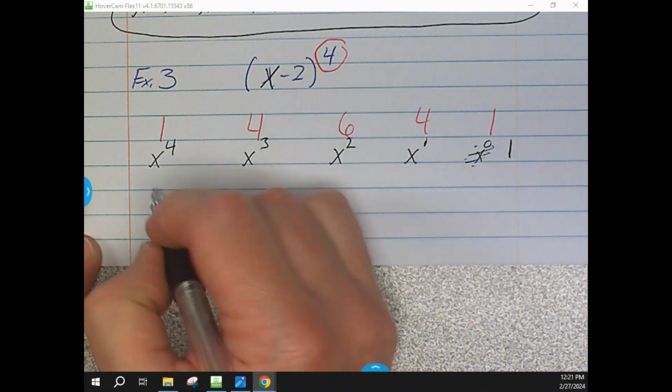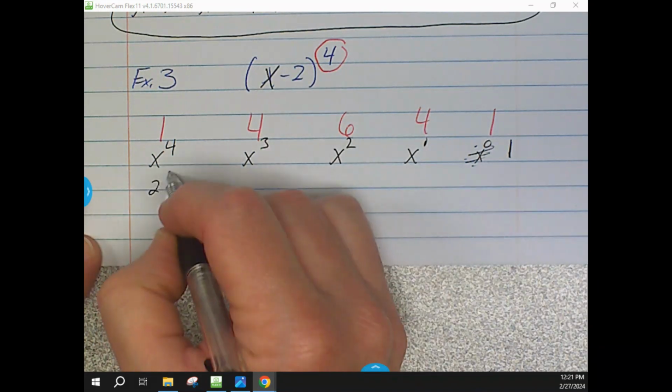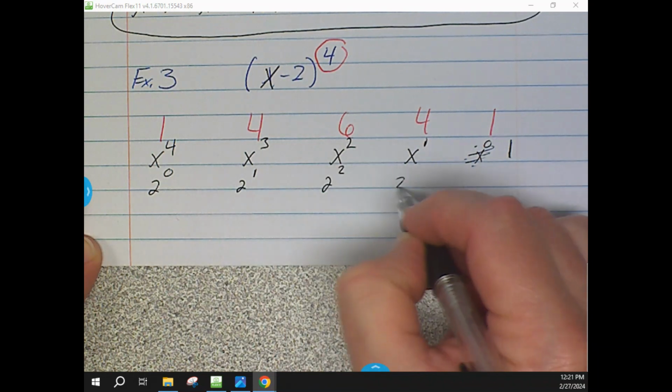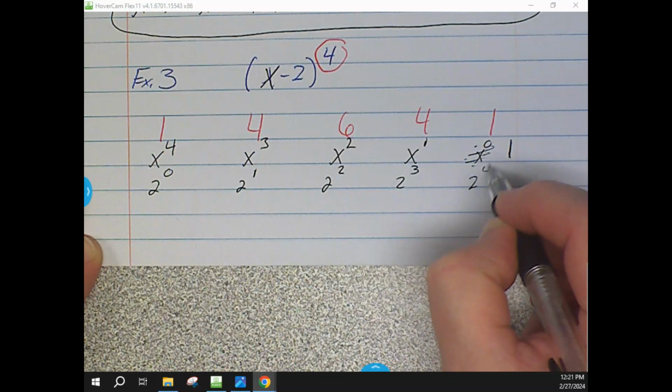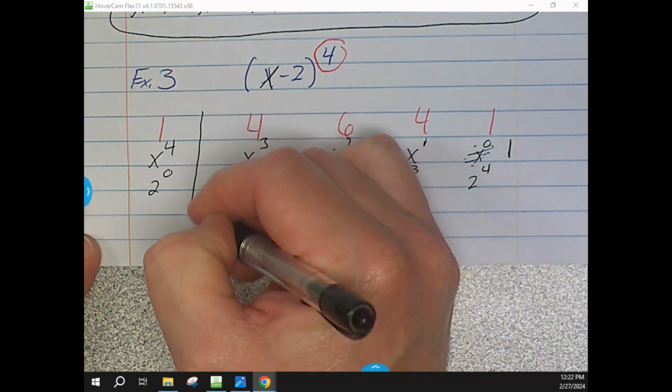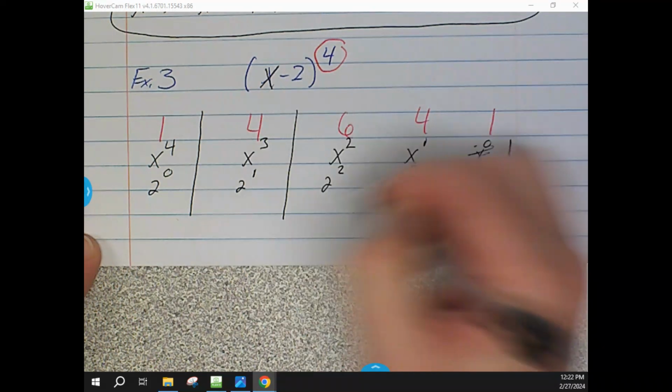With the 2, we're going to do the opposite. We're going to count up. We're going to go to the 0, to the first, to the second, to the third, and then to the fourth. Okay, and then we're going to figure out what these numbers are.